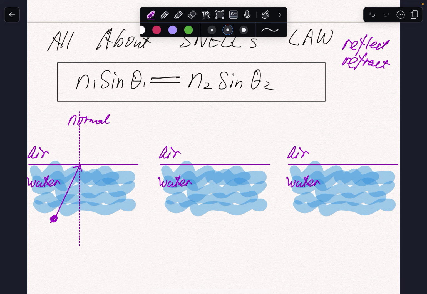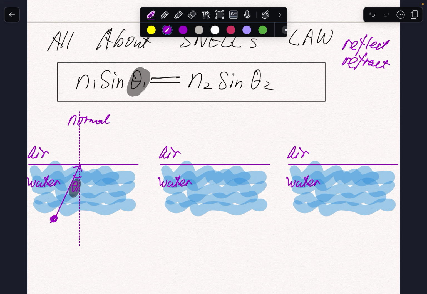The angle between the normal line and the light of incidence we'll call theta 1, which is the angle of incidence. On our equation, this is theta 1 here, and this is theta 1 here. Now let's refract the light.